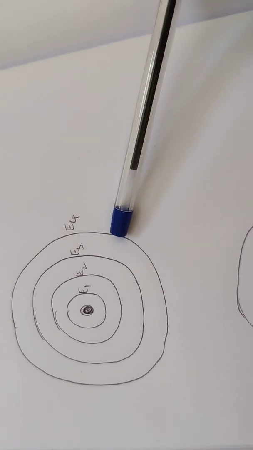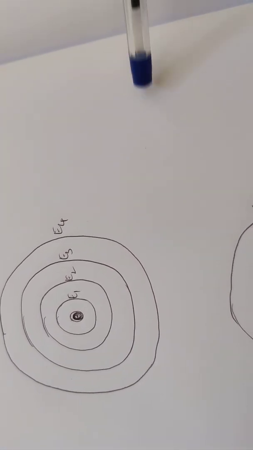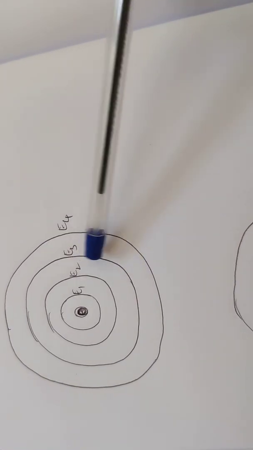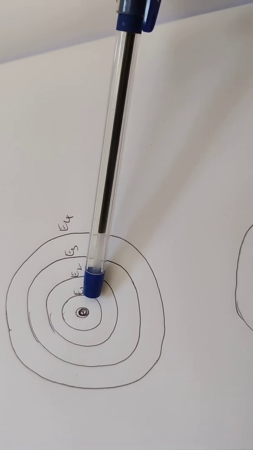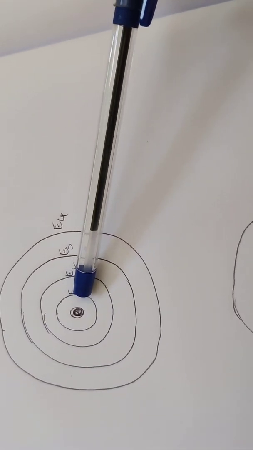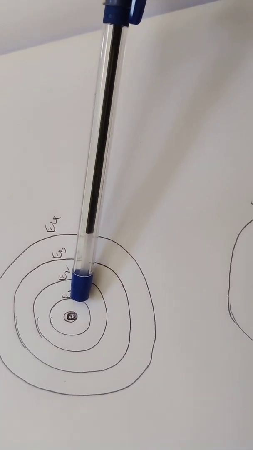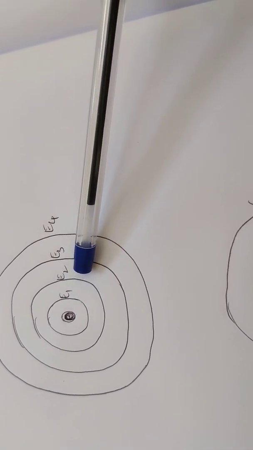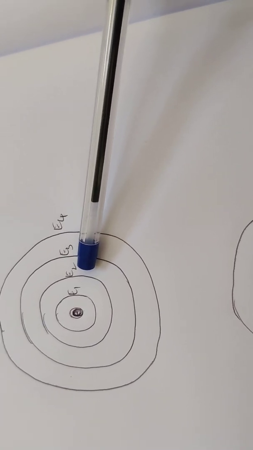Sometimes an electron gains energy and sometimes it loses energy. Suppose an electron gains energy, then it jumps from E1 to E2. Then E1 is known as the ground state and E2 is known as the excited state.